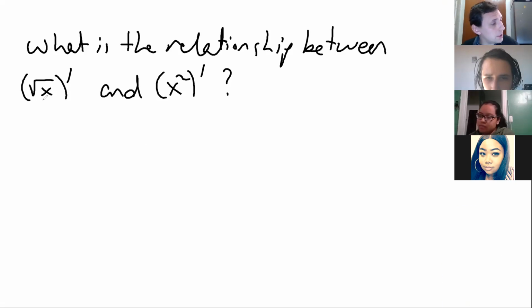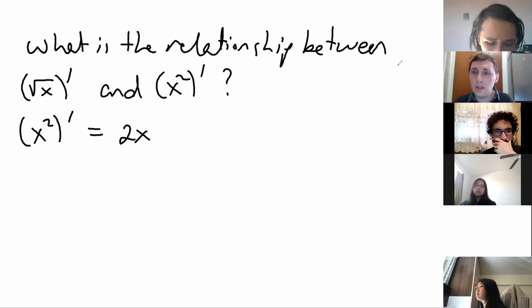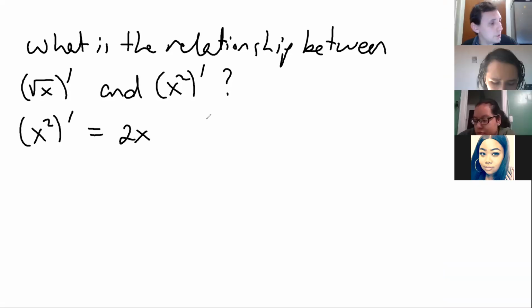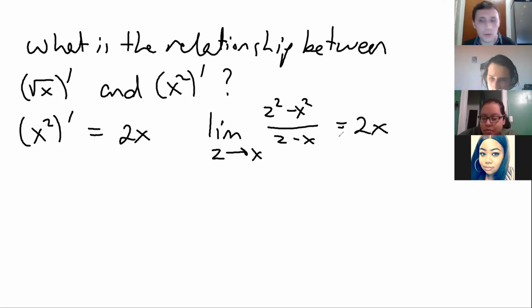So let's suppose that I want to understand the root. By the way, if I have the derivative of x squared, guys, do you remember how to take it? The derivative of x squared is 2x. You remember how to do that, right? You can do that simply by calculating the limit as z goes to x of z squared minus x squared divided by z minus x, which is 2x when you finish the calculation.